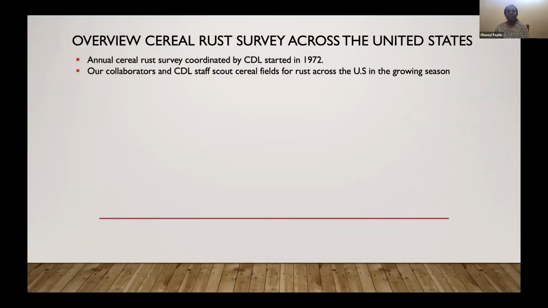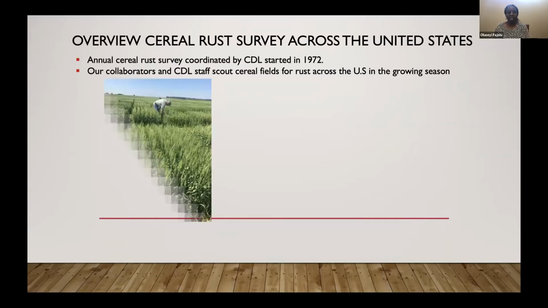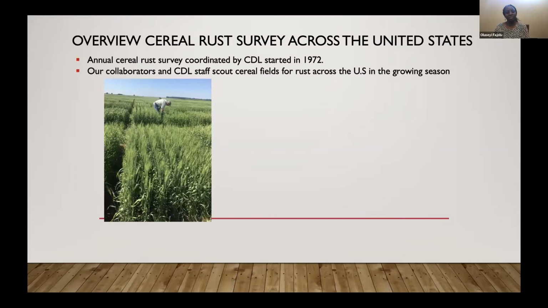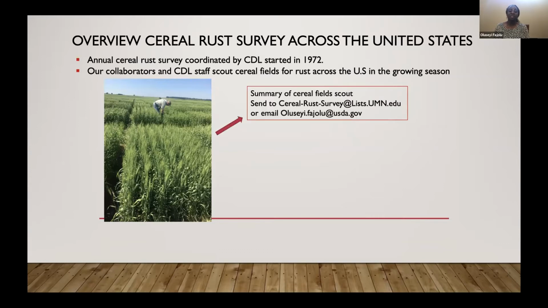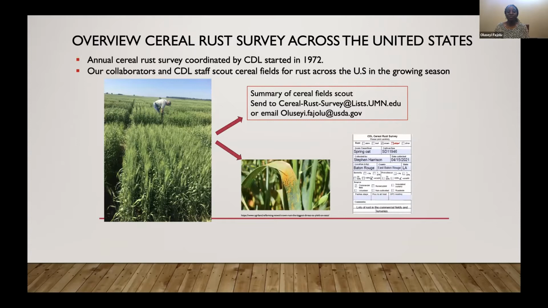The CDL coordinates an annual rust survey. We scout the cereal fields for rust diseases, and observations gathered are submitted to the rust listserv or sent to my email. Most importantly, rust samples are collected and sent to the CDL.